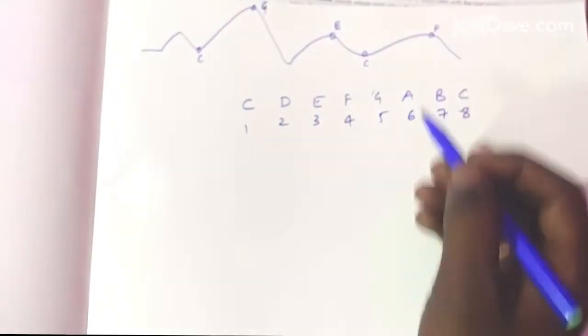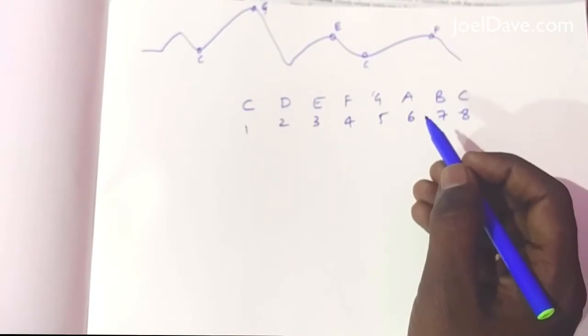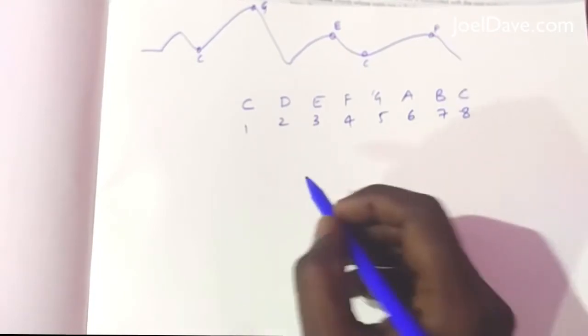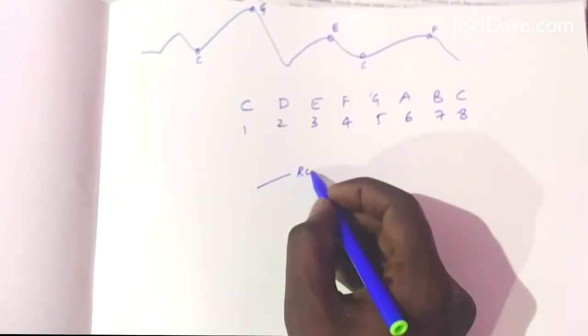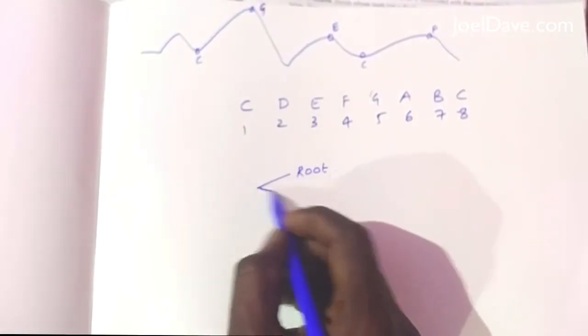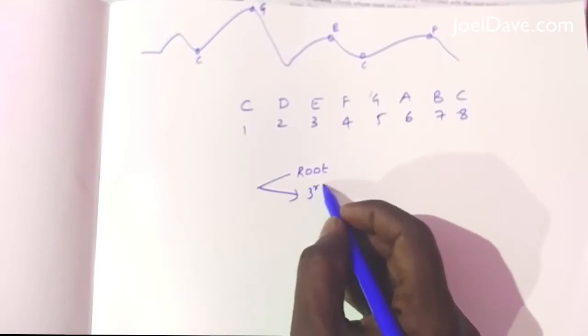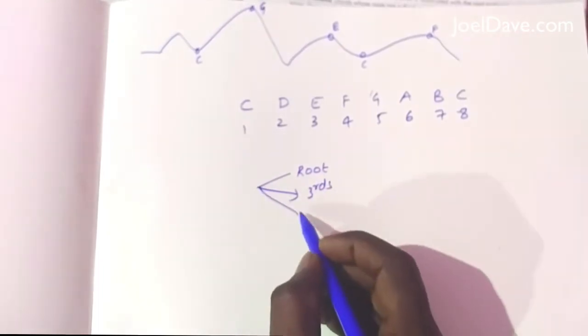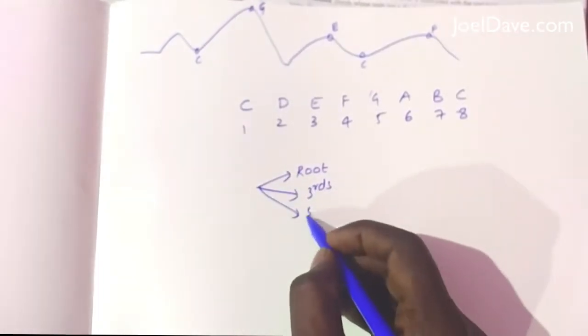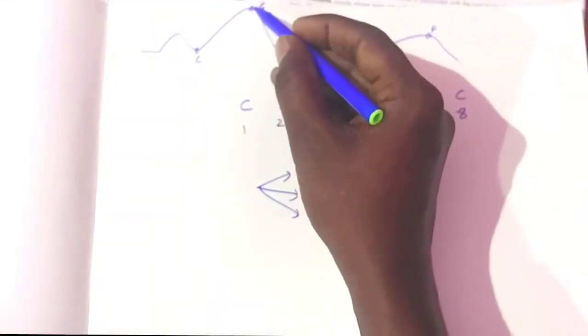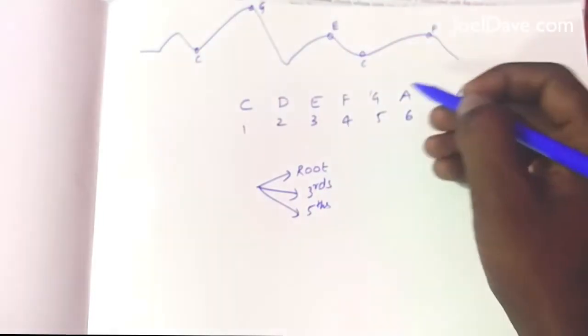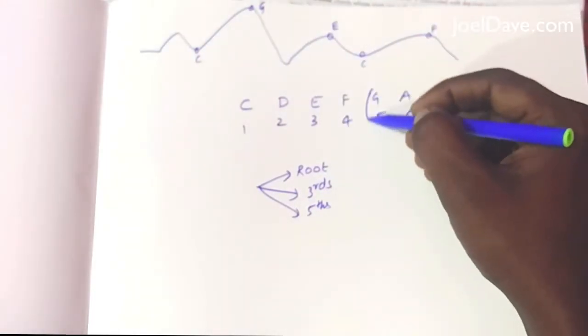For G, there are 3 ways to reharmonize in the diatonic approach. That is, you reharmonize in root, or in thirds, or in fifths. That is, if you want to reharmonize at this point of the melody, that was this G, right?